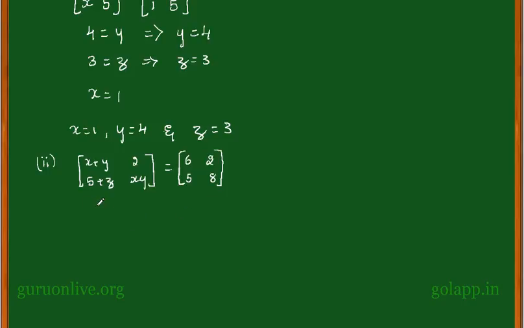So we can compare the LHS with the RHS, which is x plus y equal to 6 and the second element 2 is equal to 2. 5 plus z is equal to 5 and xy is equal to 8. We have 5 plus z is equal to 5, then z becomes 5 minus 5, which is equal to 0. So z is 0.